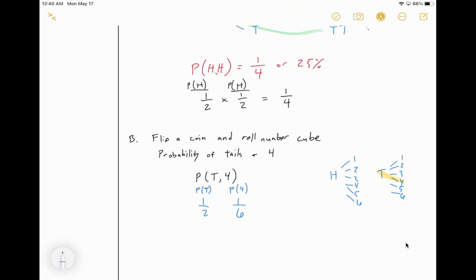So the probability of getting a 4 is 1 out of 6. Now I'm just going to multiply those together. 1/2 times 1/6 is simply 1 out of 12. So you have a 1 in 12 chance of getting tails and then the number 4. So there it is, 1 in 12.